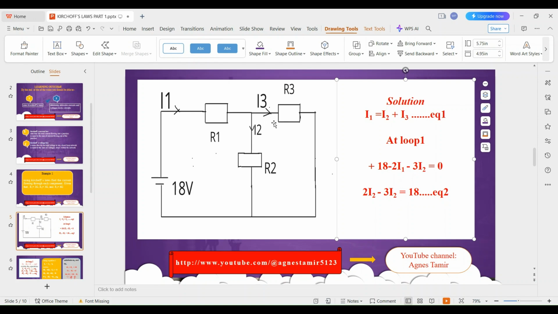Moving from positive to negative will be a negative voltage drop.